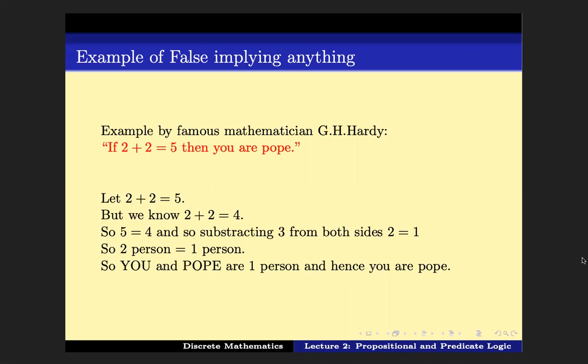This is very important to remember. If you suddenly see that you have a lot of things being proved, some of them correct, some of them false, then you know that it was starting from a false statement.